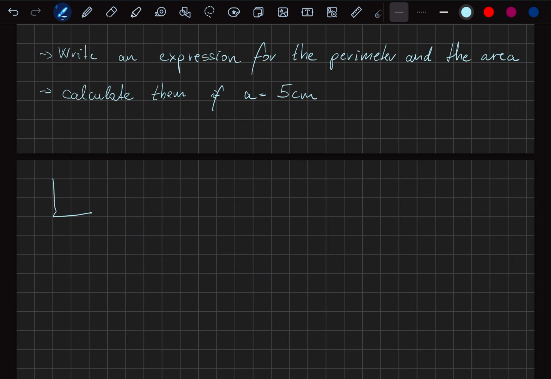So first is the square. The area of the square is a times a, and the perimeter of the square is a plus a plus a plus a, so 4a.